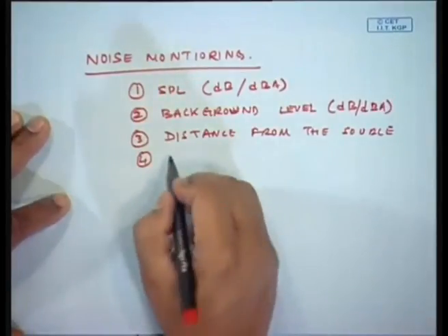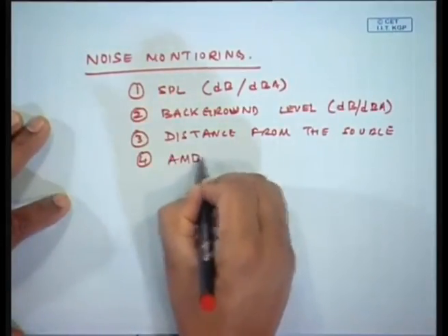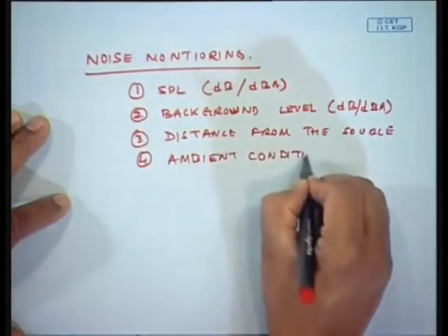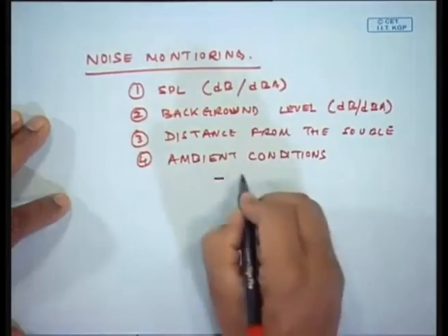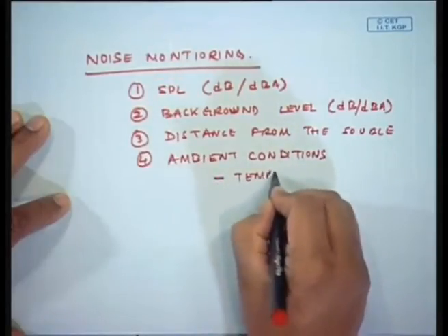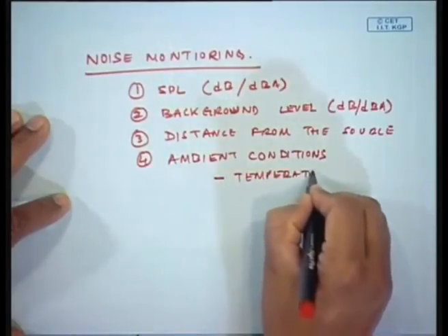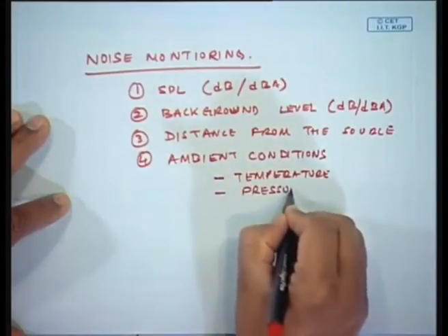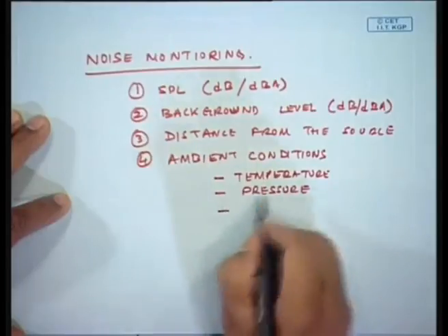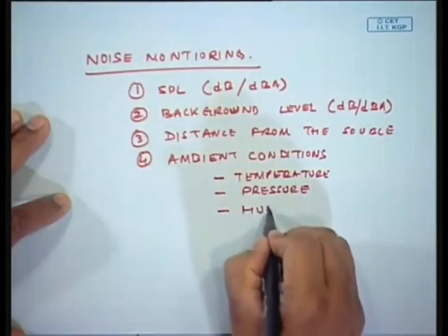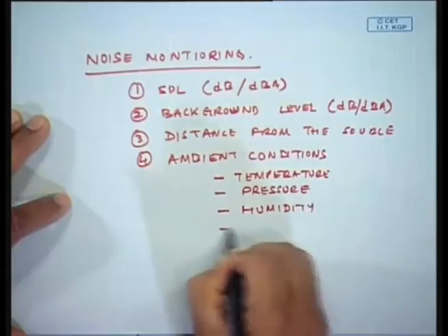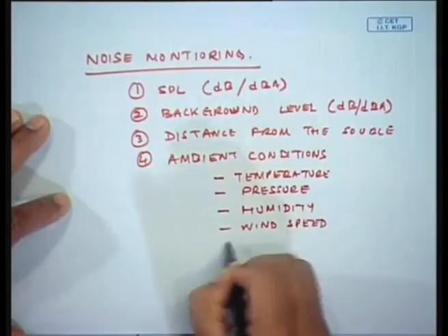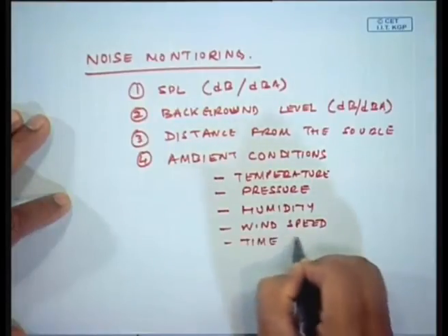Number 4 is the ambient conditions, that is temperature, pressure, humidity, wind speed, of course, time of the day.